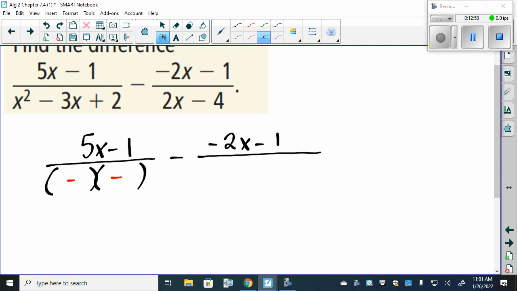The factors of x squared are just x and x, and the factors of 2 are 1 and 2. Now we also need to factor 2x minus 4. Well, there's no way we can rewrite it as 2 sets of parentheses, mainly because the degree is 1. But there is a greatest common factor of 2, which we can factor out of both terms. And if we factor the 2 out, we're left with x minus 2.